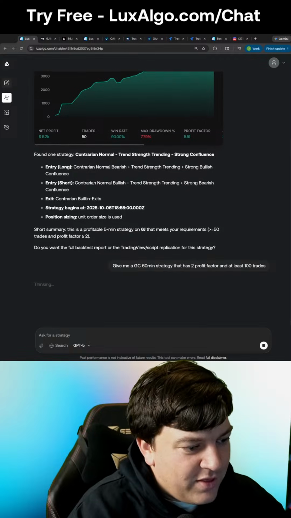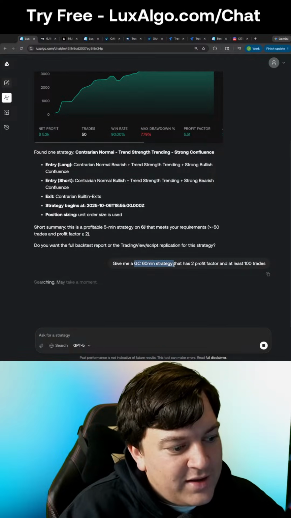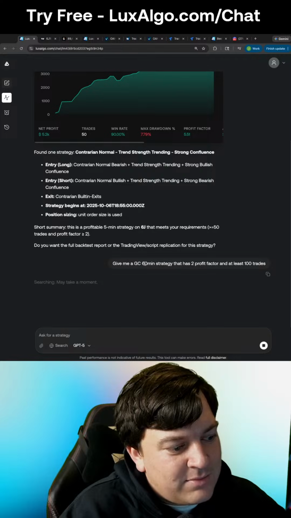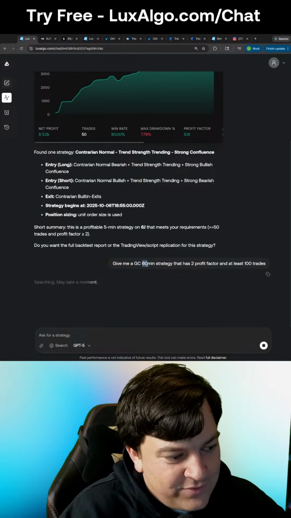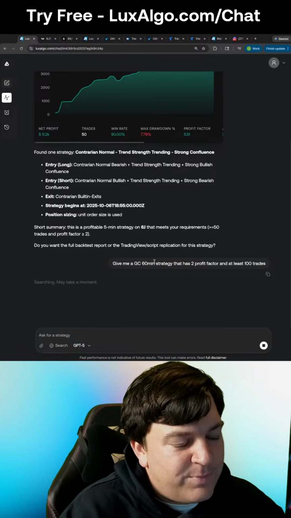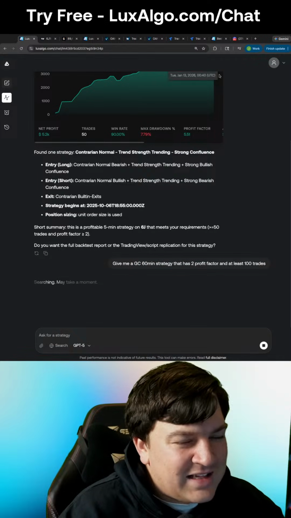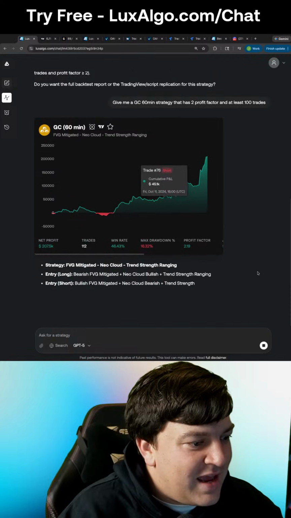Let's see if we can find one of those. Again, if you can't find it on the asset you want, then you can search another asset. The 100 trades on a 60-minute time frame should put us 2 or 3 years ago. Again, I think it's the last 10,000 bars. You can ask the AI.